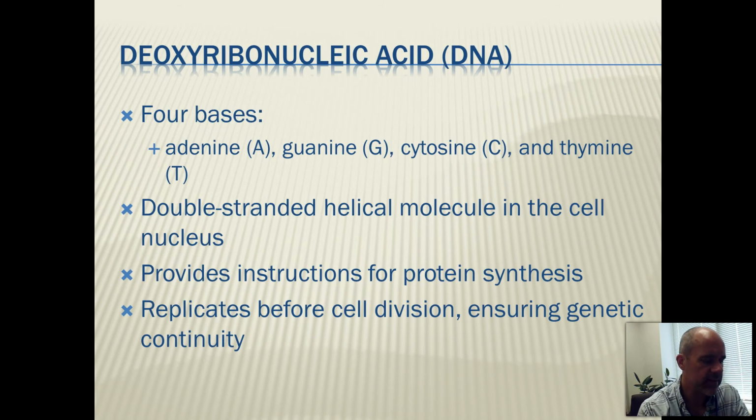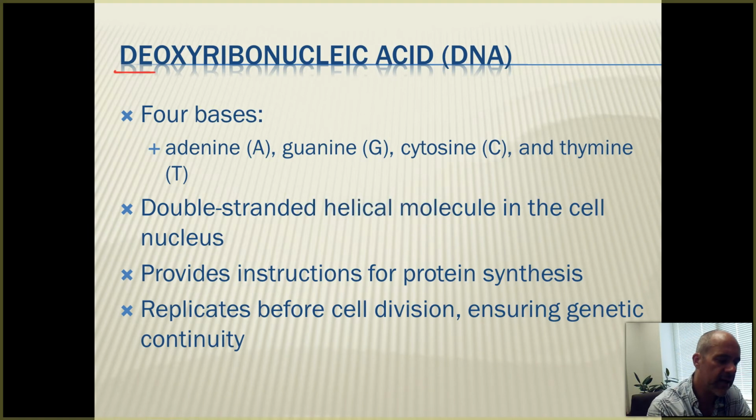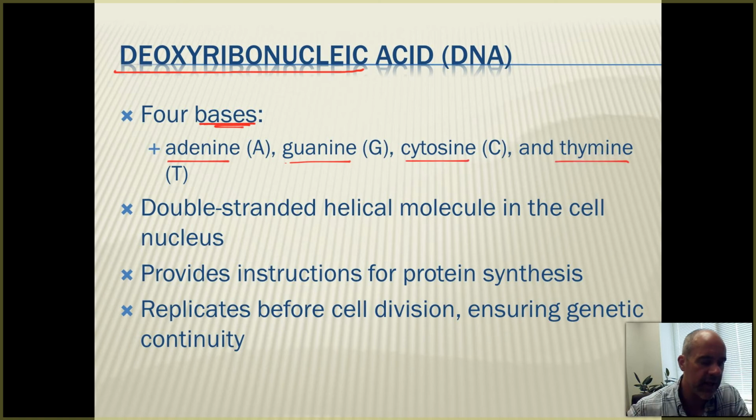All right, so what is DNA? DNA stands for deoxyribonucleic acid, and the abbreviation, much easier to say and remember, is DNA. DNA molecules have four what are called bases in them: adenine, guanine, cytosine, and thymine, which are abbreviated A, G, C, and T. We'll see more about that in just a second.